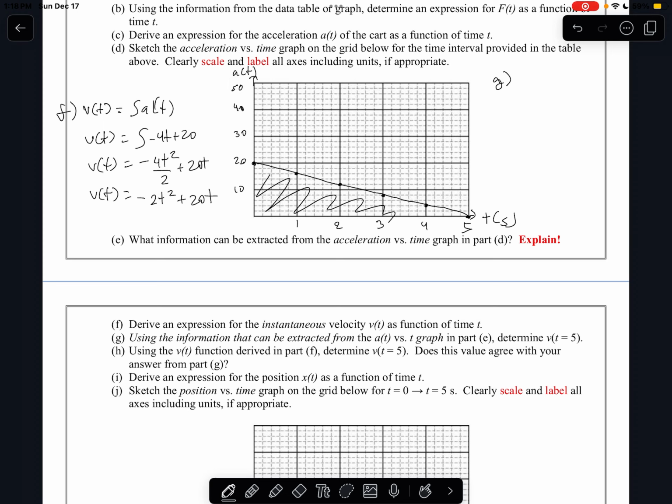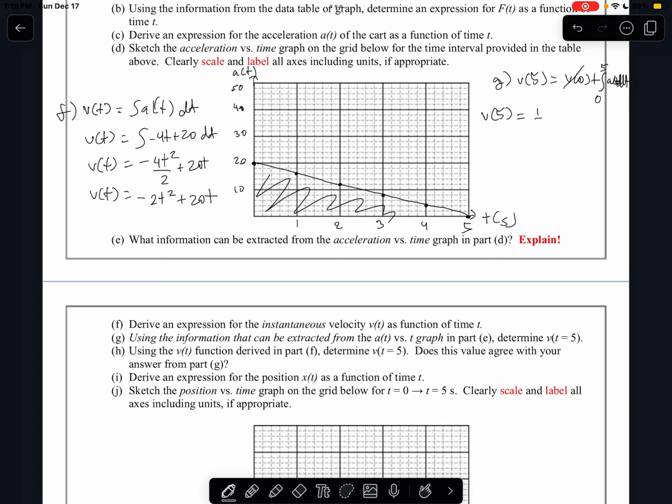Oh, v of 5, wait, I have to do v0 plus the integral from 0 to 5 of a of t dt. Oh, there's also dt there. Okay, since I said before, initial velocity is 0, it's going to be there.